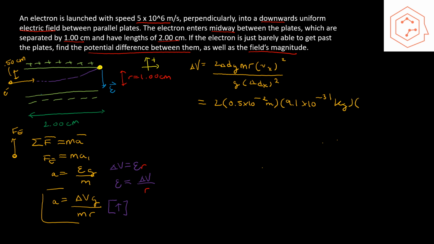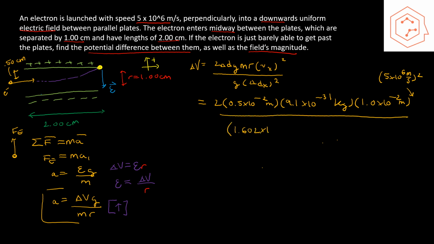R, which is our separation, is 1 centimeter, or 1 times 10 to the negative 2 meters. And we're running out of room, so Vx is equal to our initial velocity of 5 times 10 to the 6 meters per second squared, all divided by Q, which for an electron is 1.602 times 10 to the negative 19 coulombs, divided by delta dx, which is 2 centimeters, or 2 times 10 to the negative 2 meters squared.